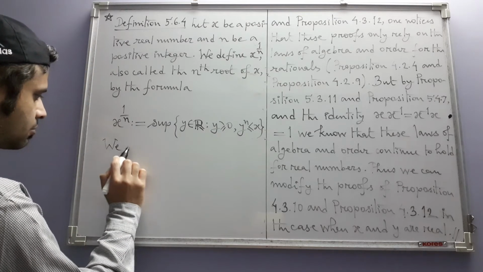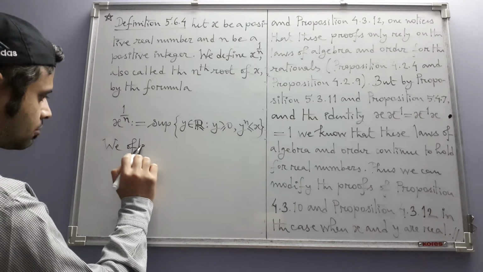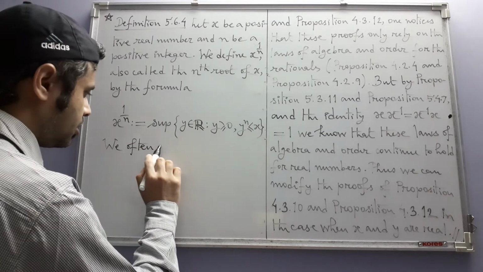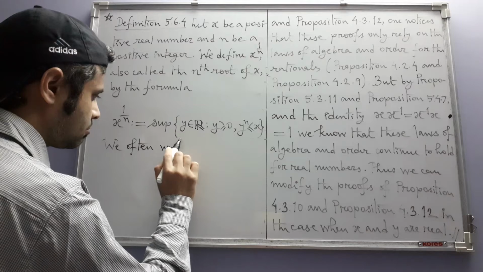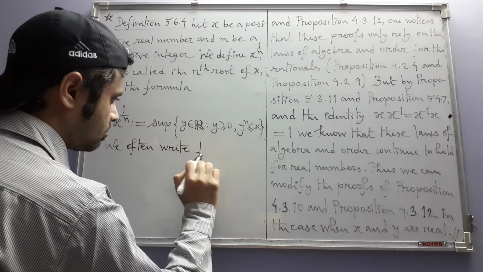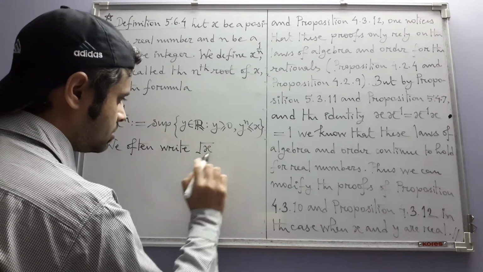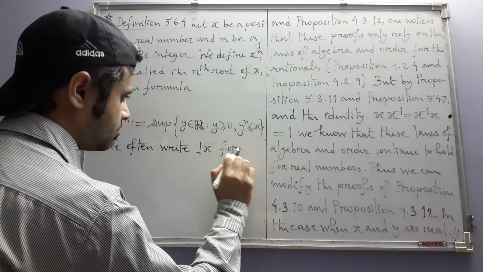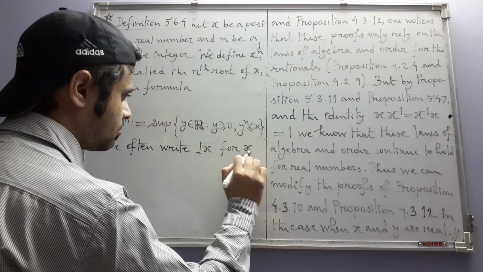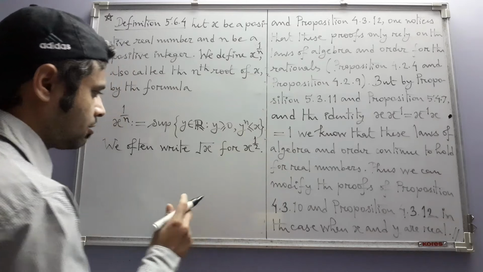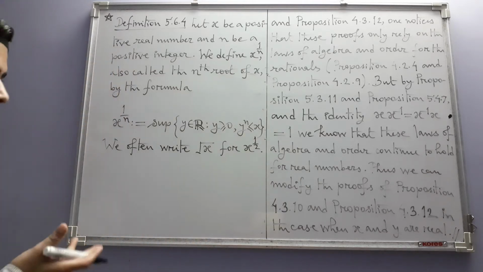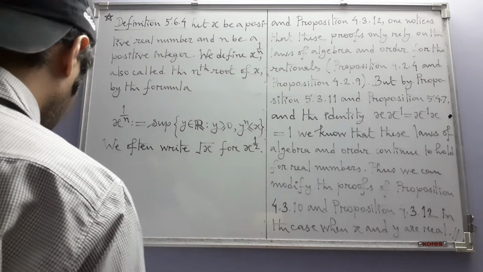We often write this symbol for x to the power 1 by 2 and call it the square root of x. You already know these things.